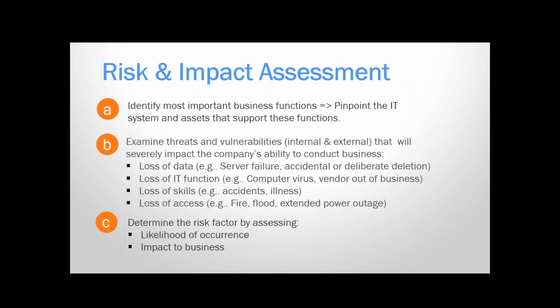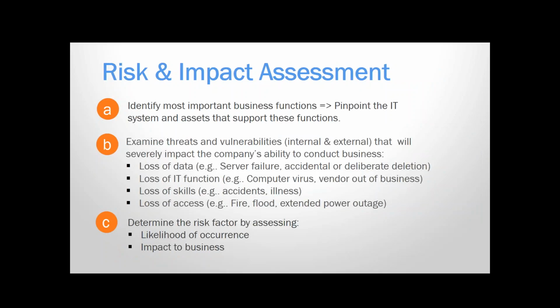Okay, the first step, and probably the most important step in your DR plan, is the risk and impact analysis. Essentially, this involves identifying the most critical business functions for your organization. If you're a large organization, you need to do this analysis with each business unit.